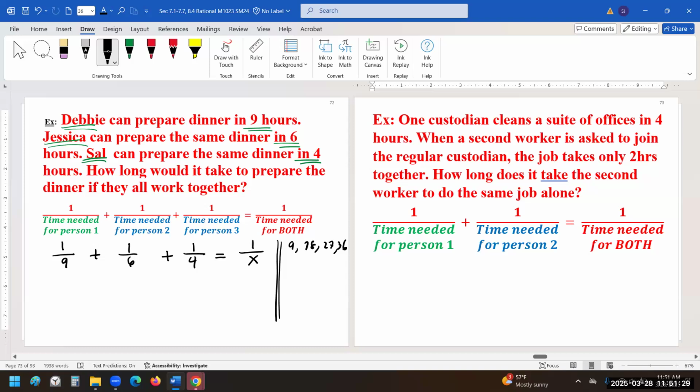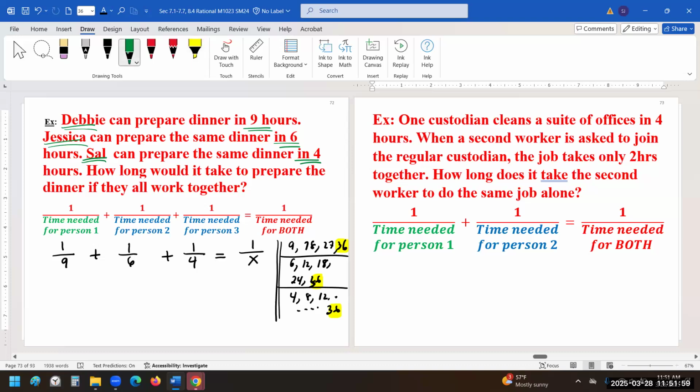Timetable for 6: 6, 12, 18, 24, 30, 36. For 4: 4, 8, 12, and so on. 36 is the smallest number you have in all three timetables. That means your LCD is 36.